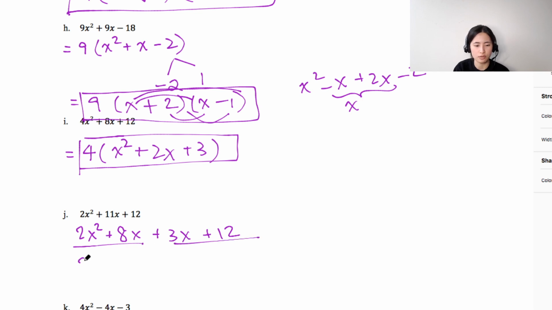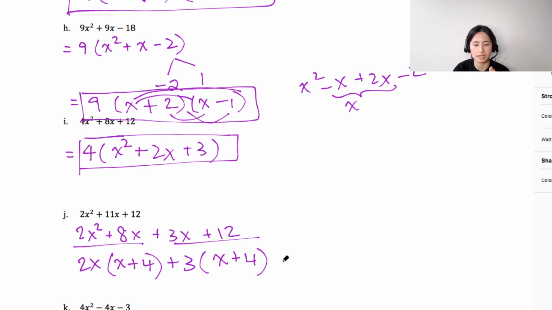The reason is that if you have 2x, you can factor out the greatest common factor between the two, which is 2x. Then you have x plus 4. And on top of that, for the other pair, you can factor out 3, the greatest common factor. You're going to get x plus 4. So as you can see, you can group x plus 4 the same way.